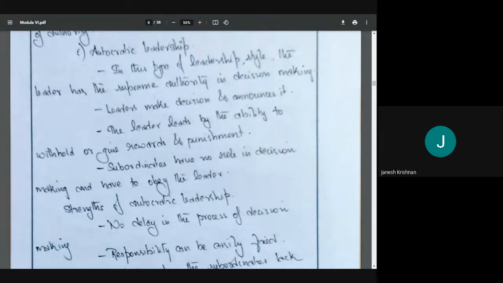And how does this work? Why do people follow him? It is because the leader leads by the ability to withhold or give rewards and punishment.